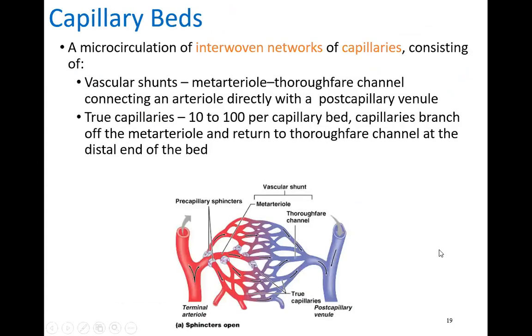So, okay. The capillary beds: one arteriole can lead to 100 capillaries. And the capillaries also have sphincters right here. A sphincter is a ring of muscle that will shut down fluid or motion through there. We have sphincters at our urethras and on our anus.